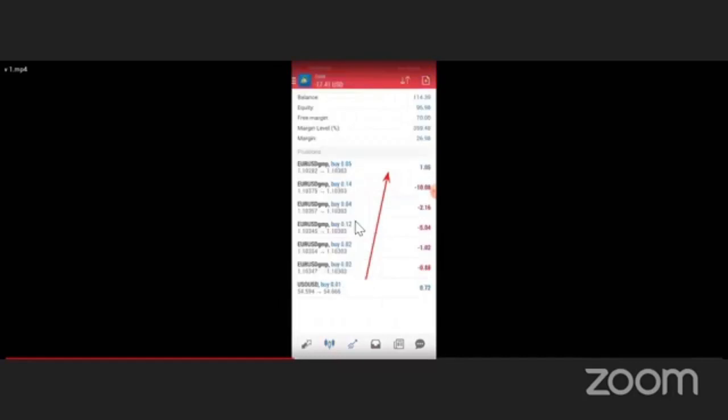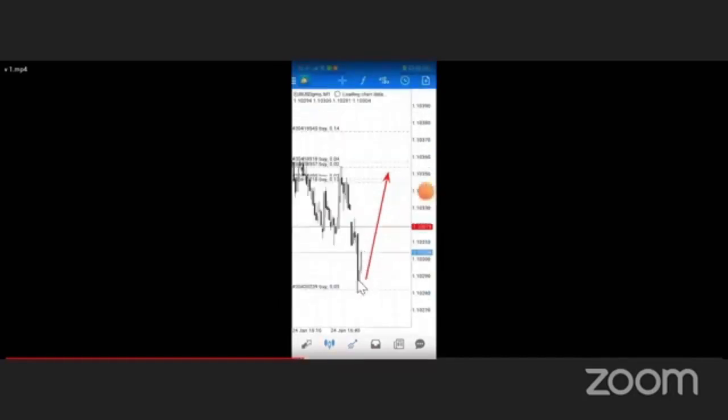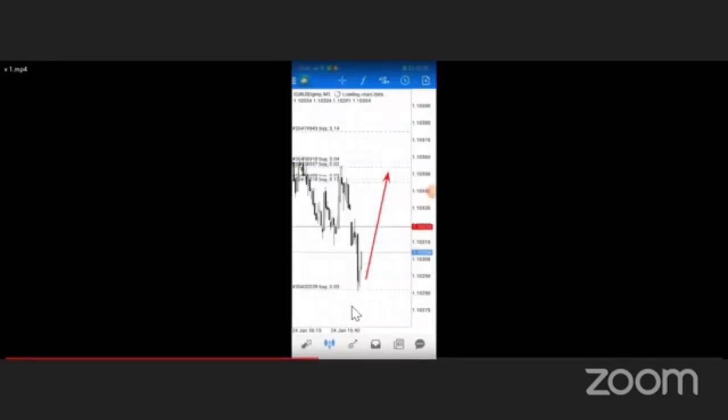Okay, look at the price movement. It's being rejected. Literally, the trade is at zero floating loss.